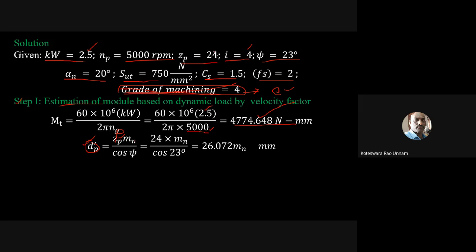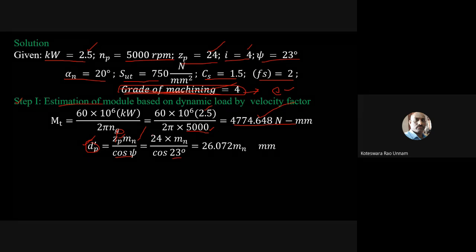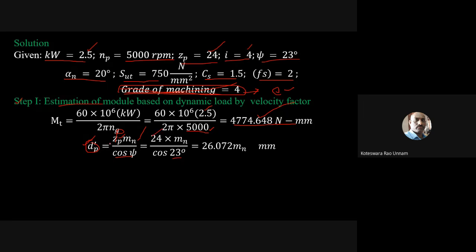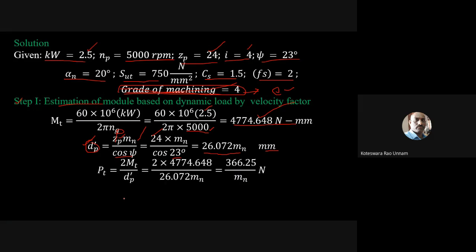Zp is the number of teeth on the pinion, which is 24. Mn is an unknown value, so we'll keep it as Mn itself. Psi is 23 degrees. So if I substitute that, I'll get dp dash as 26.072 Mn, where Mn is the normal module, which is unknown. Now I can calculate the Pt value.